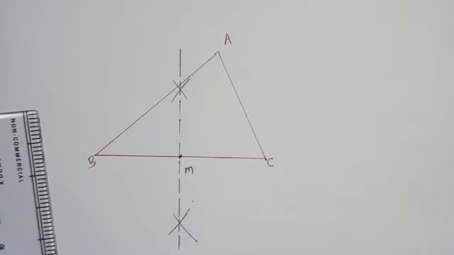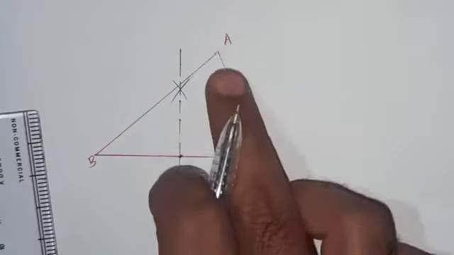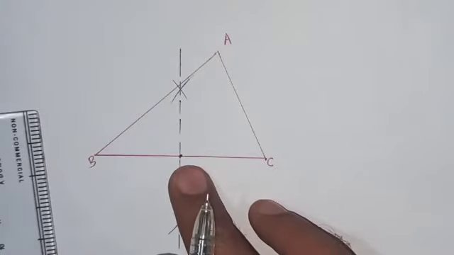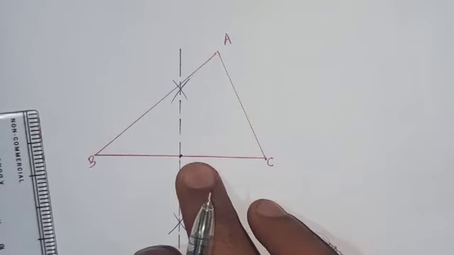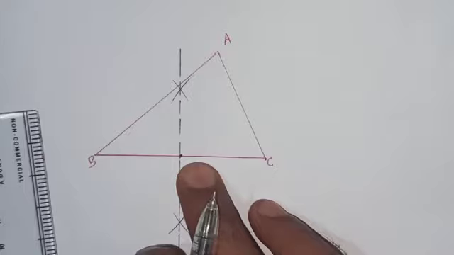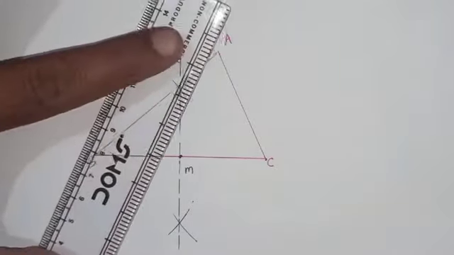Now M is the midpoint on CB, and if we join AM, what will it be? It will be the median of the triangle.